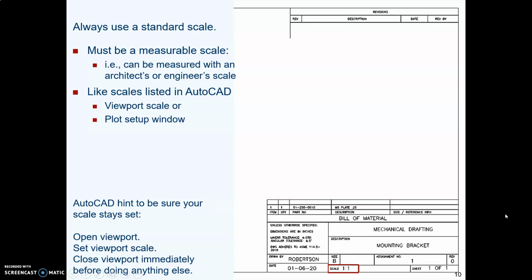Now, that does not mean that your machinist is supposed to get a machinist scale and measure the stuff on your drawing. They're not supposed to. But you are supposed to give them a hint what scale you drew it to.